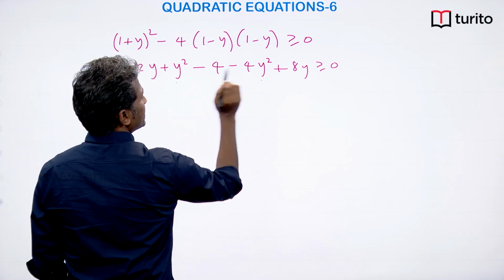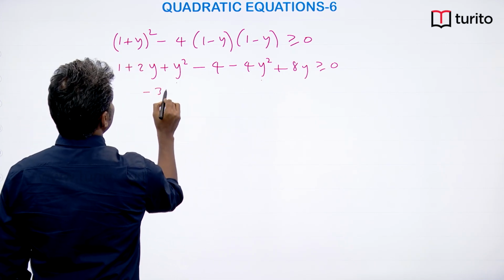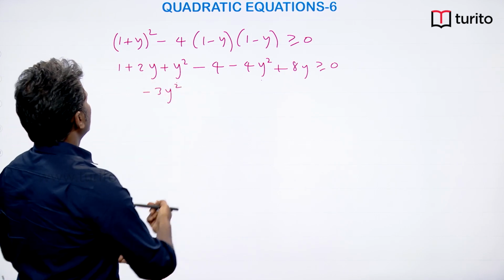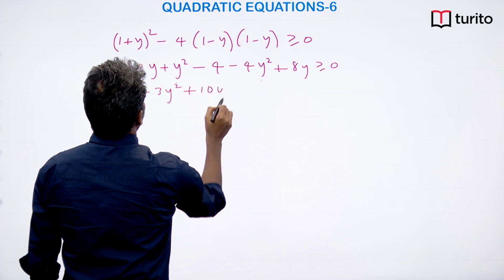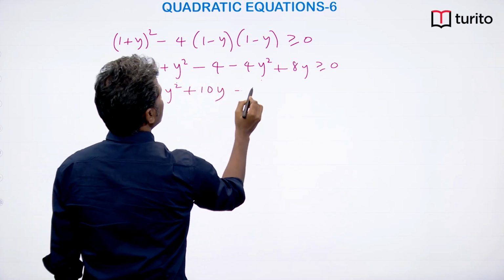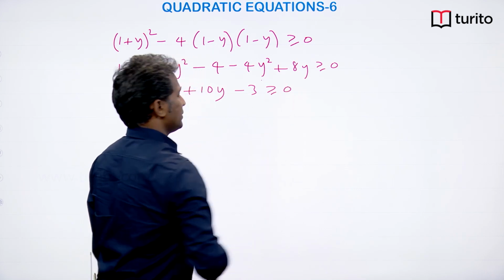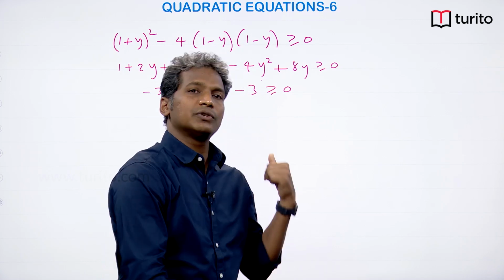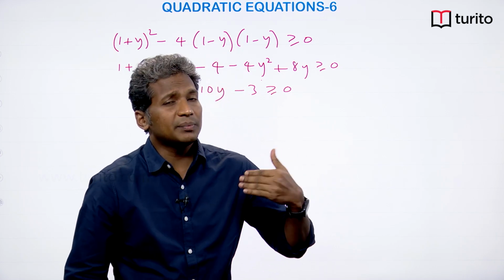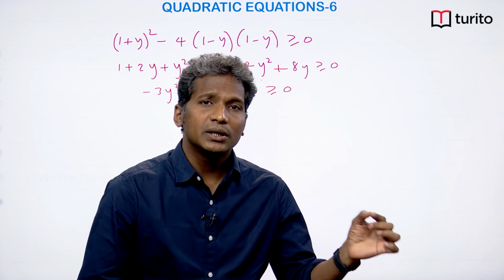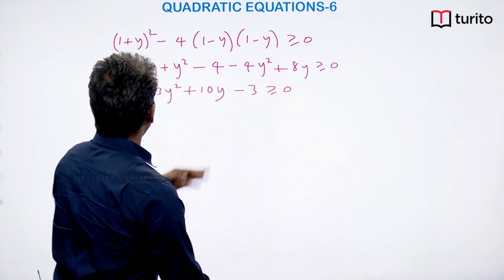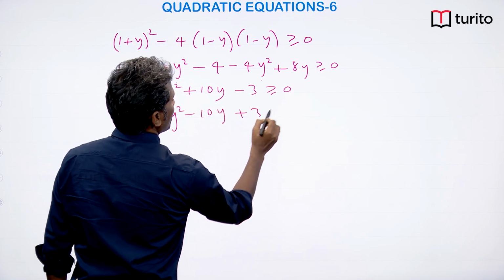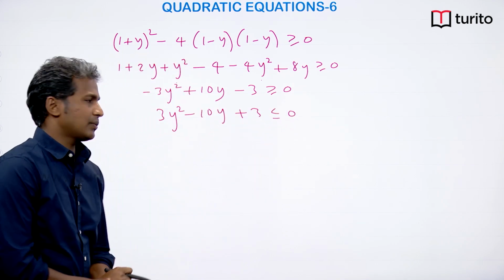There is 1y square, there is minus 4y square, so it gives minus 3y square, and y terms are 2 terms, so that gives us 10y, and there are constants here, minus 3 greater than equal to 0. Now if I want to keep my leading coefficient to be positive, I have to multiply with minus sign. If I multiply with minus sign, I have to change the inequality also. Okay, so if we multiply with minus sign here, the inequality will get reversed. So it becomes less than equal to 0.